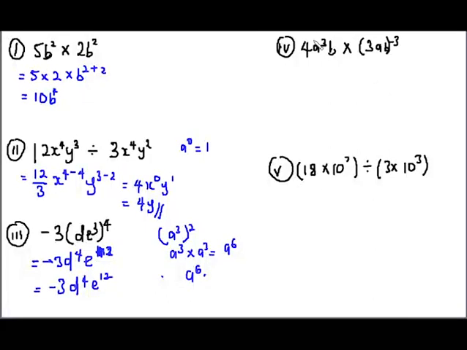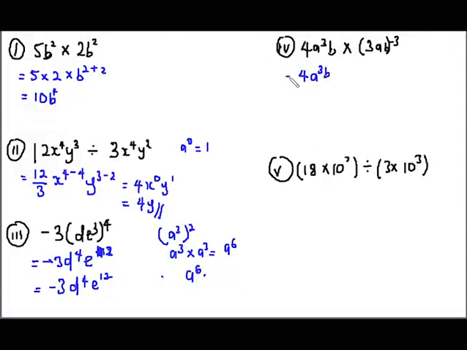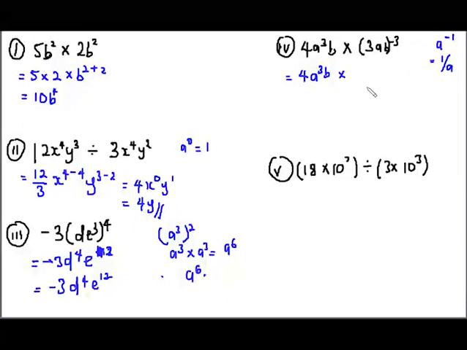You can pause the video and try this number 4 by yourself. Okay, so let's start off by simplifying the 3ab raised to the power of negative 3. So we have 4 a cube b times, remember, anytime you have a number, say a to the negative 1 or something like that, it automatically implies 1 over a. So this negative is more like a reciprocal of that number.